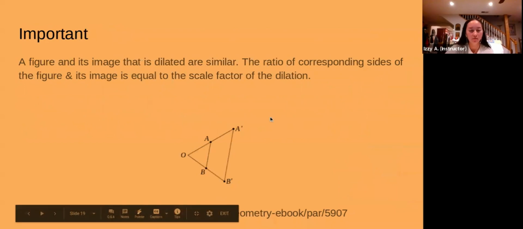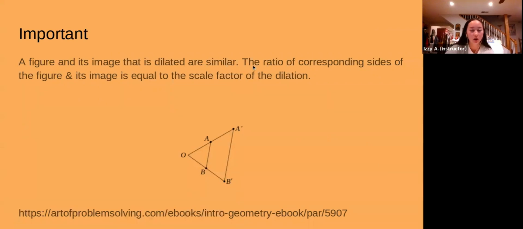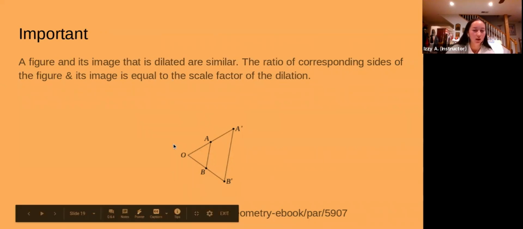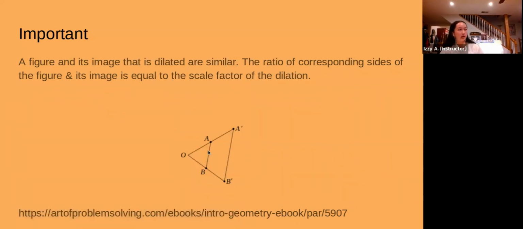So next we have important information. A figure and its image that is dilated are similar. The ratio of corresponding sides of the figure and its image is equal to the scale factor of the dilation. That's one thing that I mentioned previously, and I feel like you guys would have also noticed the ratio between the original figure and the dilated figure.